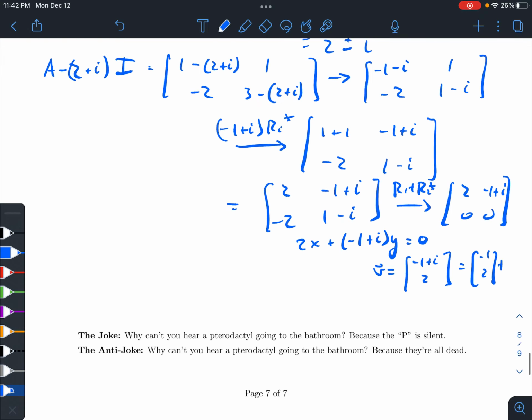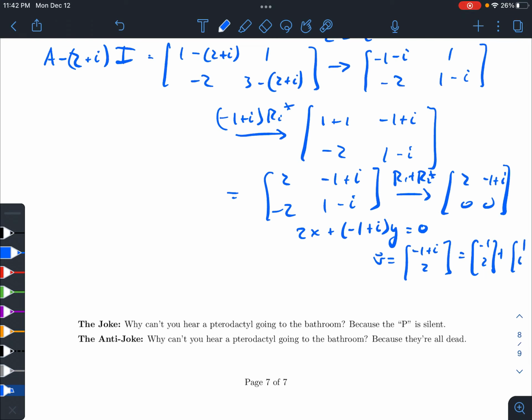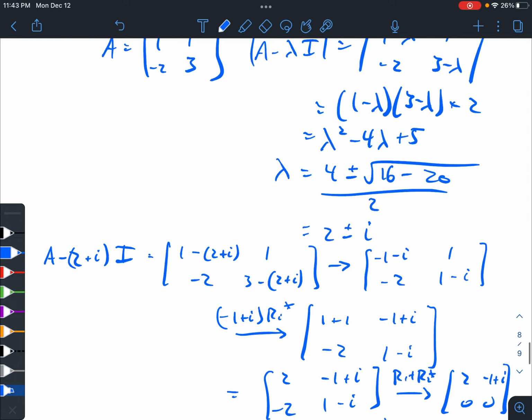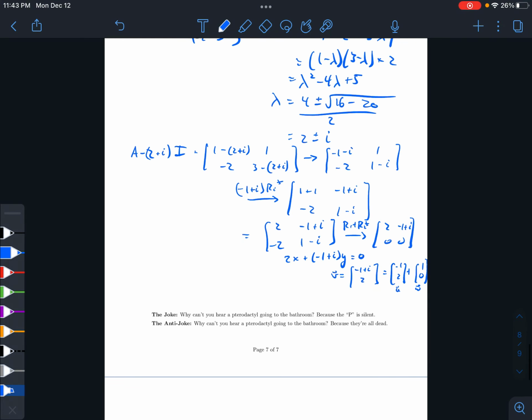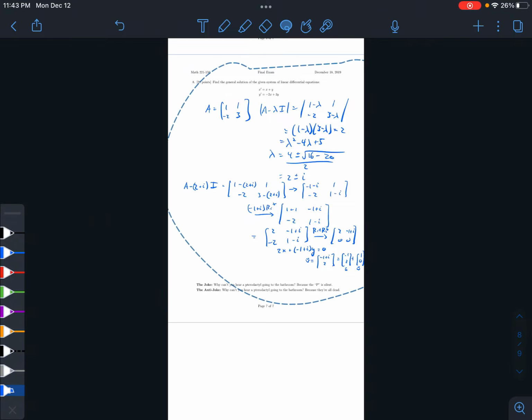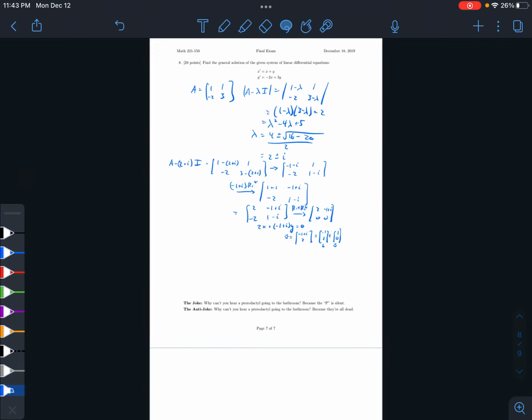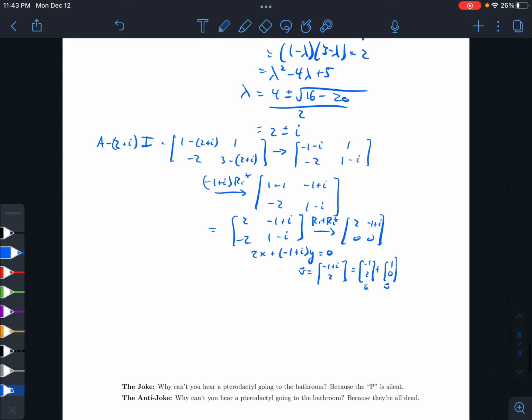Split this up into the real part plus the imaginary part. You get this. This is your u, this is your w, and then we're just looking for the general solution. Waste a lot of space here. All right, what's the general solution?